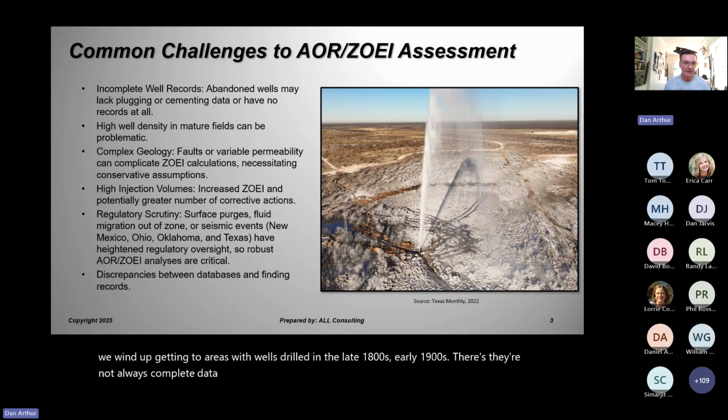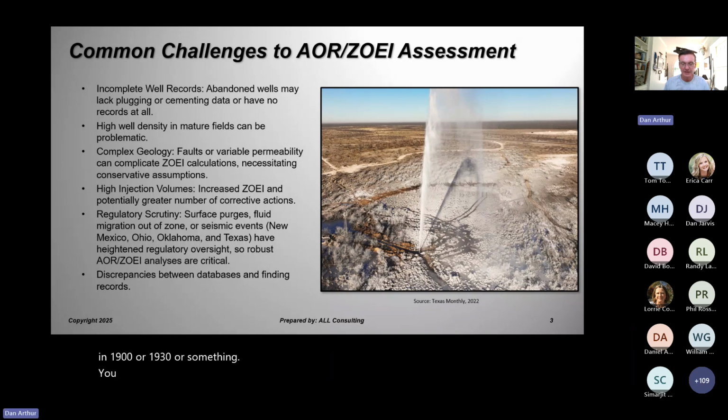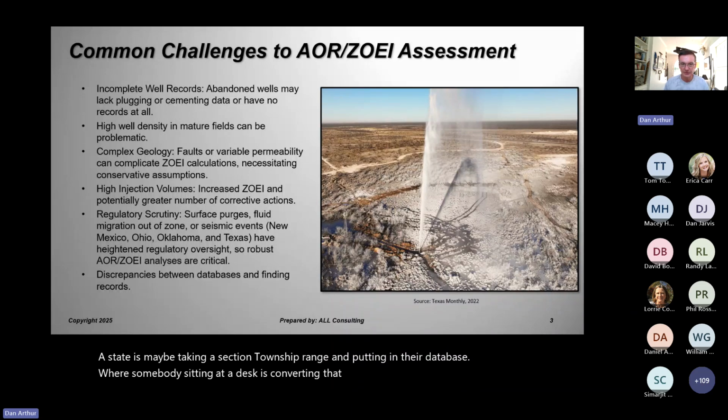I'll also say that when you look at, say, a well drilled in 1900 or 1930 or something, a state is maybe taking a section township range and putting in their database where somebody sitting at a desk is converting that to a latitude, longitude. And that may not be exact.